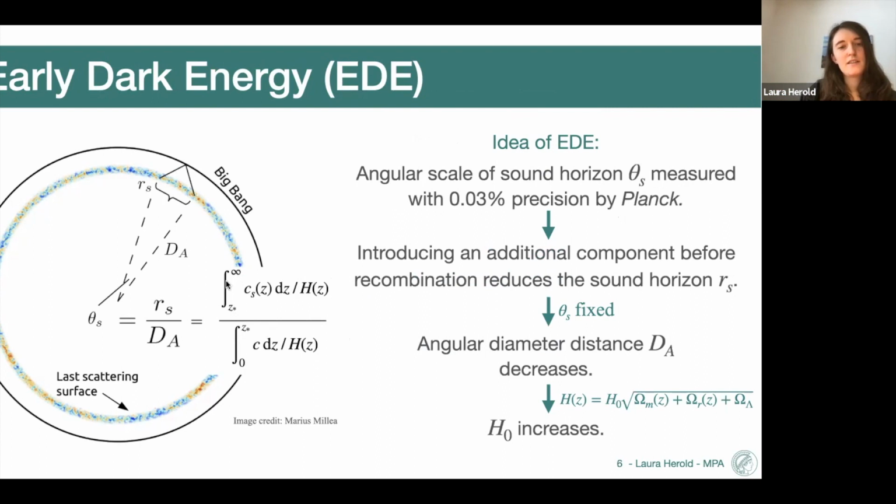Now, if this integral is suppressed, but theta s is essentially fixed by observation, if the physical size of the sound horizon goes down, also dA has to go down. And if one looks at this integral, which goes from today to the redshift of recombination, and one assumes that the matter content is approximately fixed, the easiest way to achieve this is essentially by increasing H0. And this is what is needed to solve the Hubble tension.